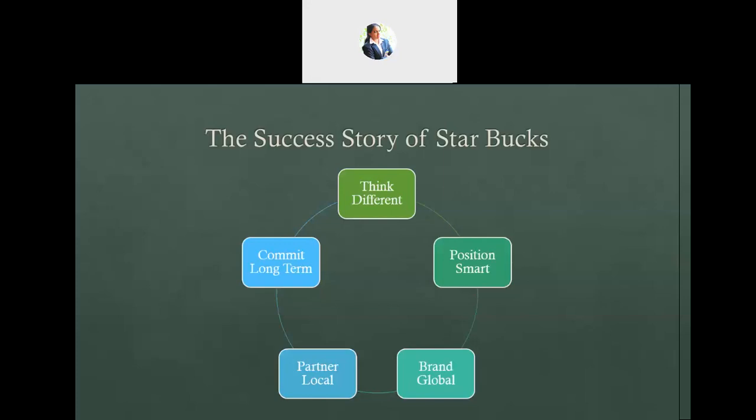And the third thing was brand global. Starbucks already, before entering the market, had its name for itself. It was very famous in different countries, in other words, on a global platform it was very successful.